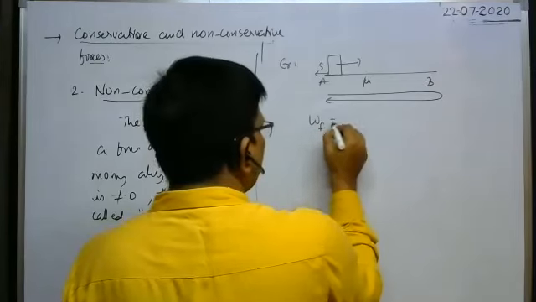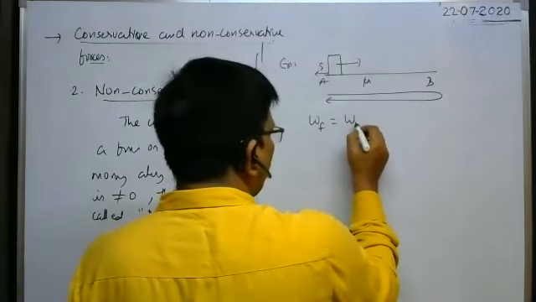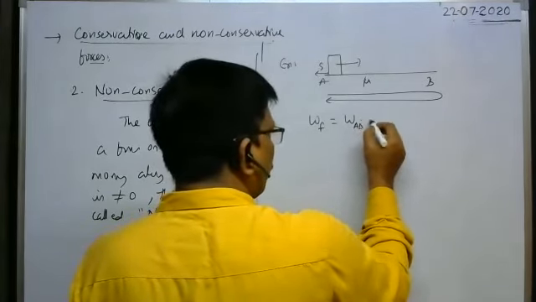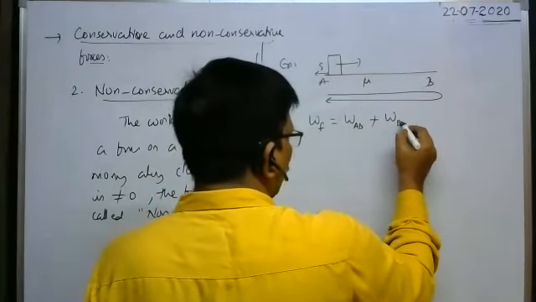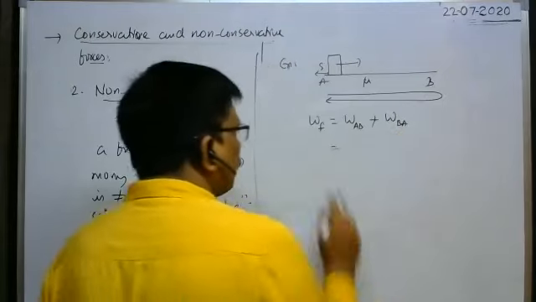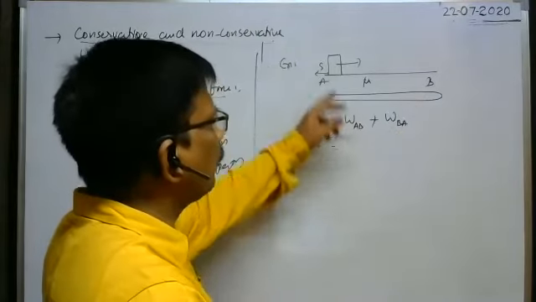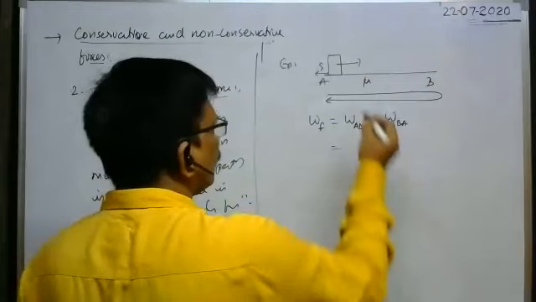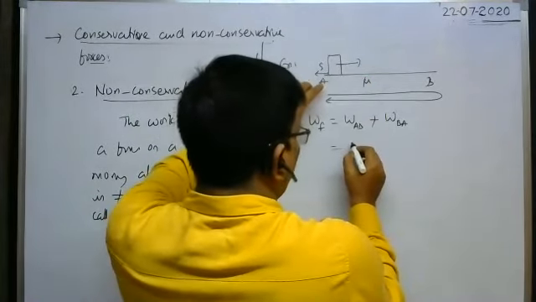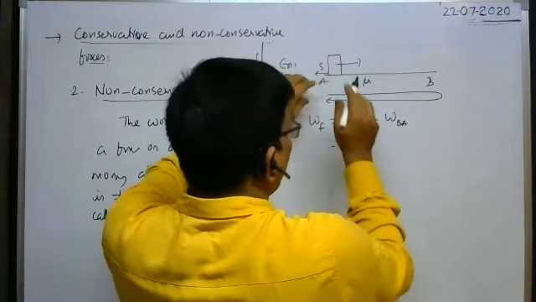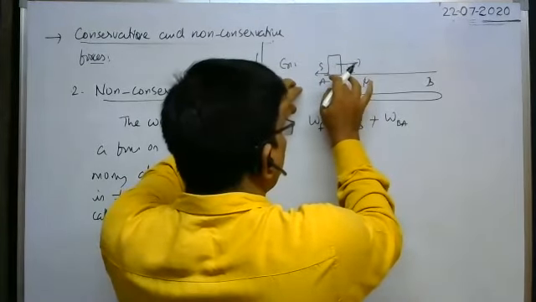Work done by friction from A to B is WAB, and from B to A is WBA.